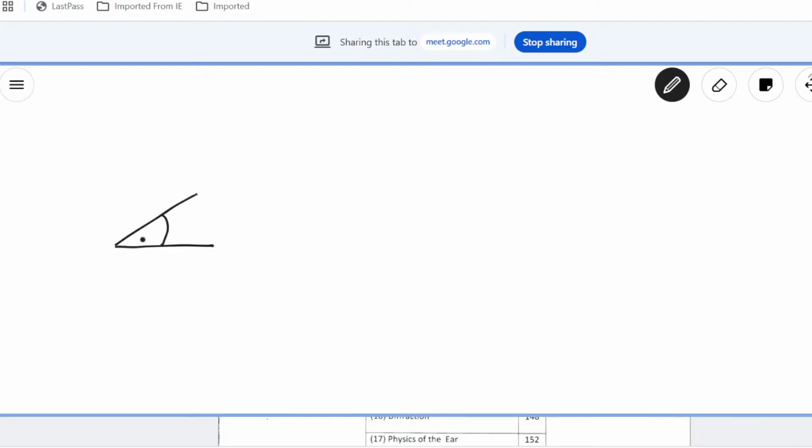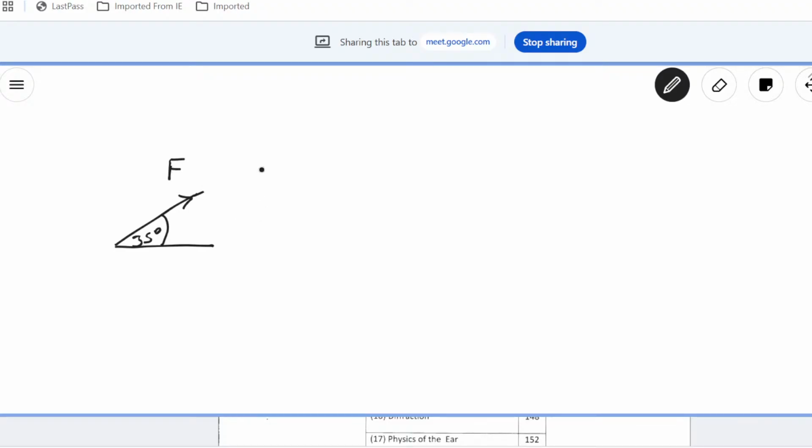Let's say this is like about 35, not drawn to scale. Wait, what are we doing now?